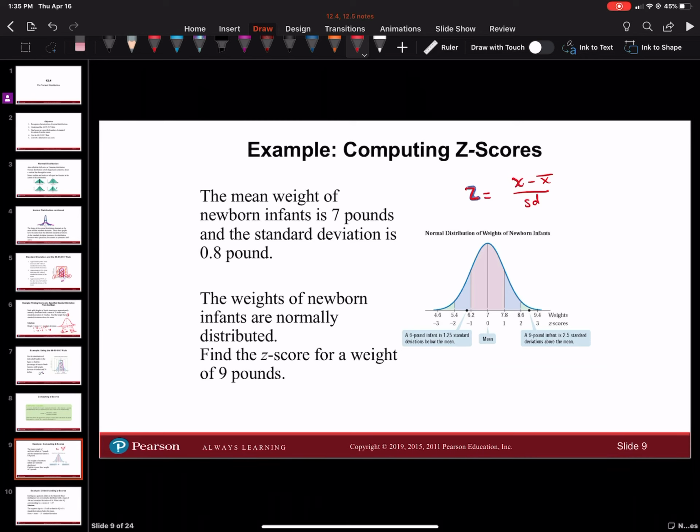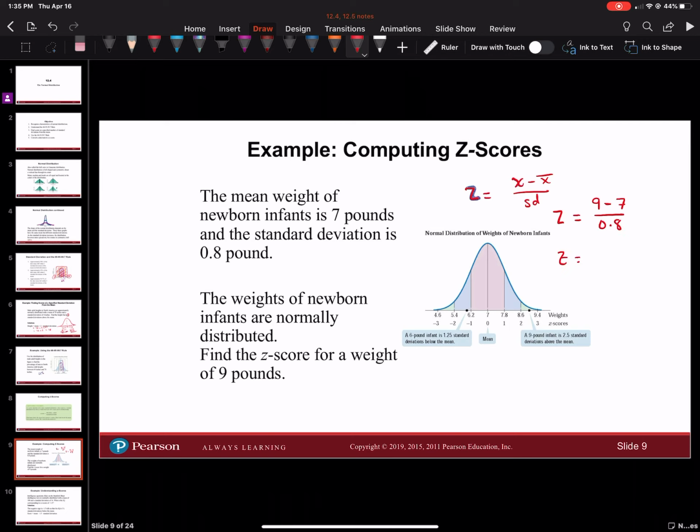Now, we know what our standard deviation is, and we know what our mean is. So let's do this. We're going to have z is equal to 9 minus 7 all over 0.8.